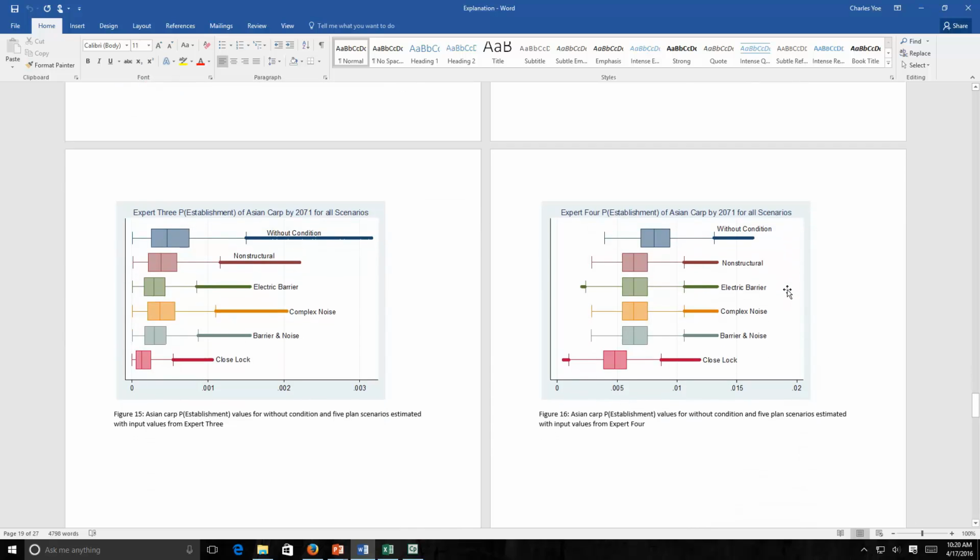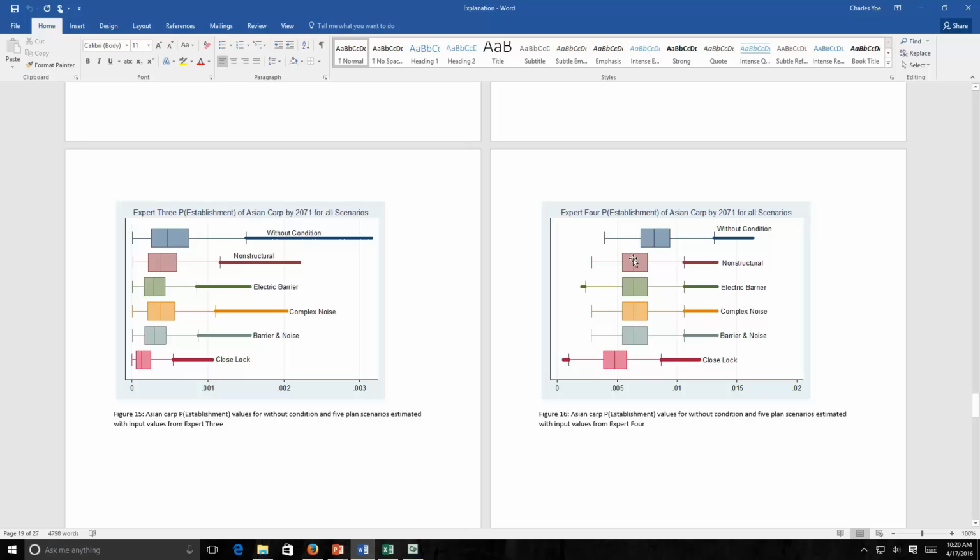As we look down here at our other experts, expert 3, notice the scale here from 0 to 0.003. This person doesn't think that there's even a 1% chance of establishment. Here we have from 0 to 0.02. So this person is in pretty close agreement with that assessment.